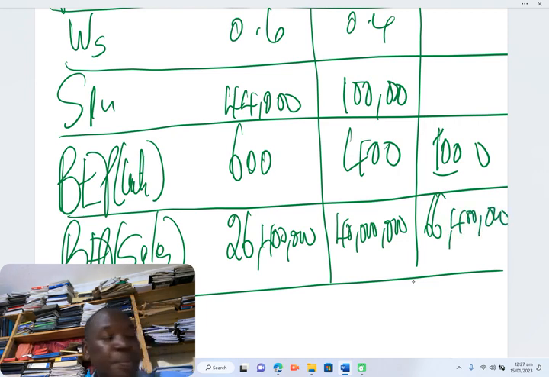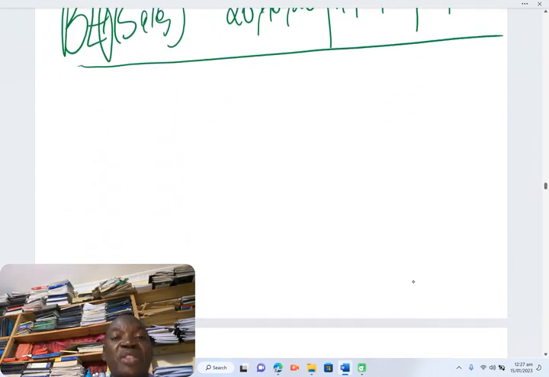So in particular, we were told to determine the number of units to be sold so as to break even, and sales at the break-even point. So we start solving now.